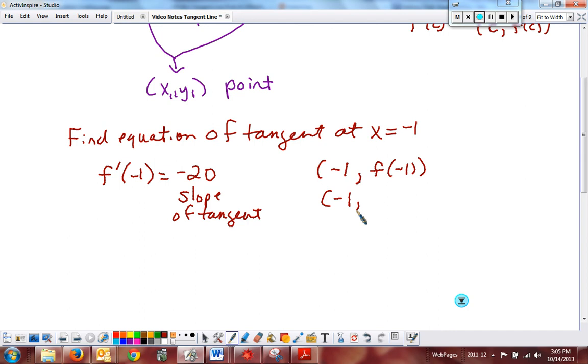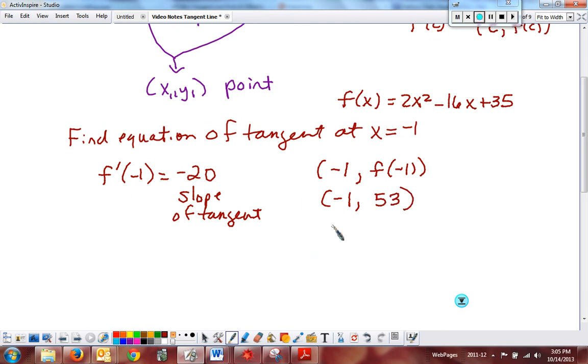So for this function, remind you your function was f of x equal to 2x squared minus 16x plus 35. So to find the y value, when you have an x of -1, I simply plug this in. My y value would be 2 plus 16 plus 35, which is going to give me, I think, a grand total of 53.